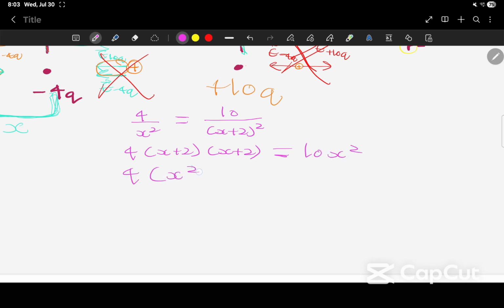So we get 4 times x squared plus 4x plus 4, which is equal to 10x squared. And then 4x squared plus 16x plus 16, which is equal to 10x squared.